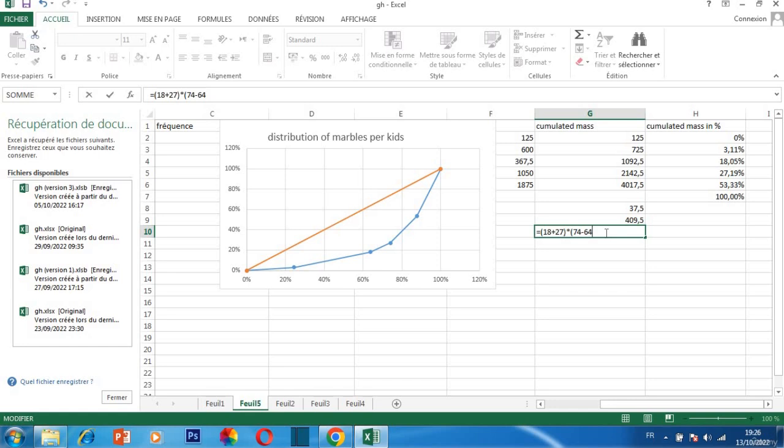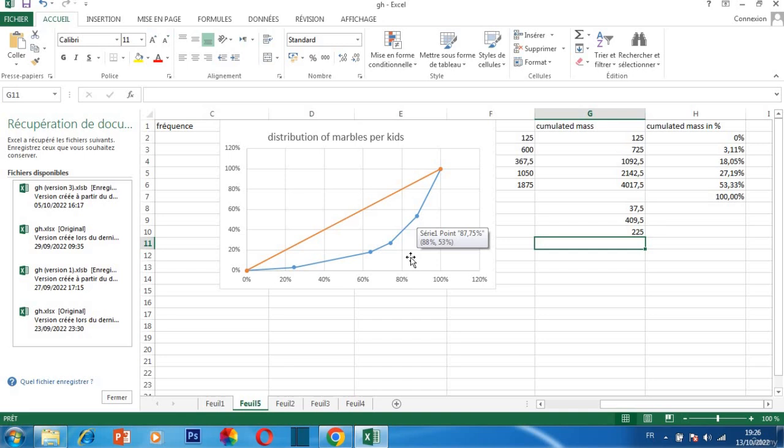So we're gonna take 450 multiply by 2. We're gonna do the same thing for the second, the third trapezius, and the last one.